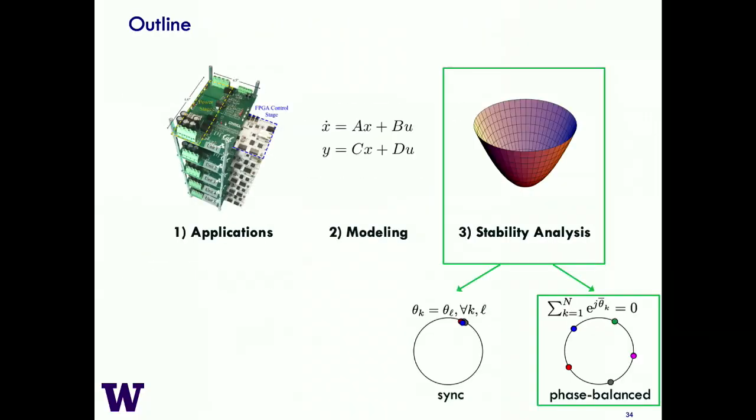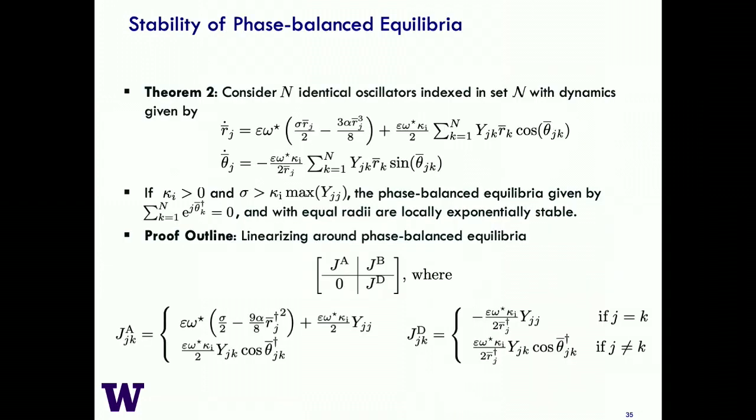Now let's go to the phase balanced case, which is the general case of the interleaved condition. It's the same thing here, so we have another theorem. The first part is exactly the same: we still have the same r dot and theta dot, and it's the same model for both systems. Now we have positive gain on that current feedback, and we do have a condition on the parameter sigma, which characterizes the resistor in that virtual oscillator.